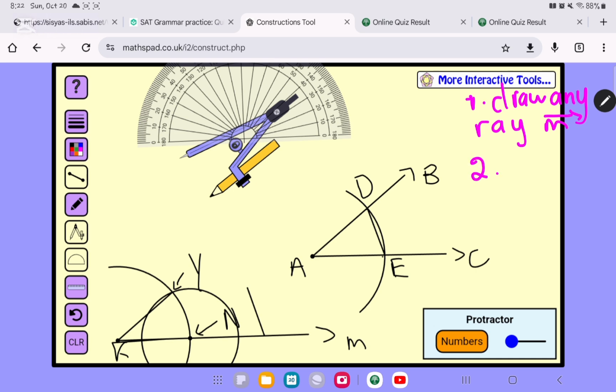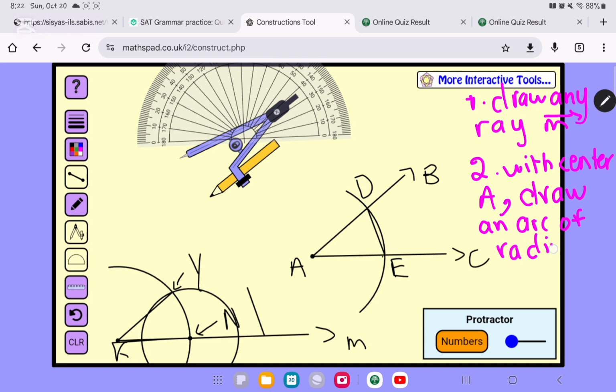The second step is that with center A, you're gonna draw an arc with radius R. We don't know what this radius is. So with center A, draw an arc of radius R. Sometimes you will see arbitrary radius. Arbitrary radius means a random radius R, okay?